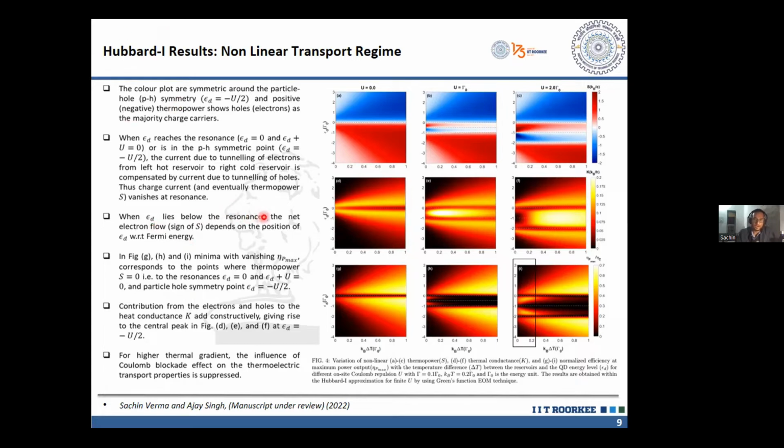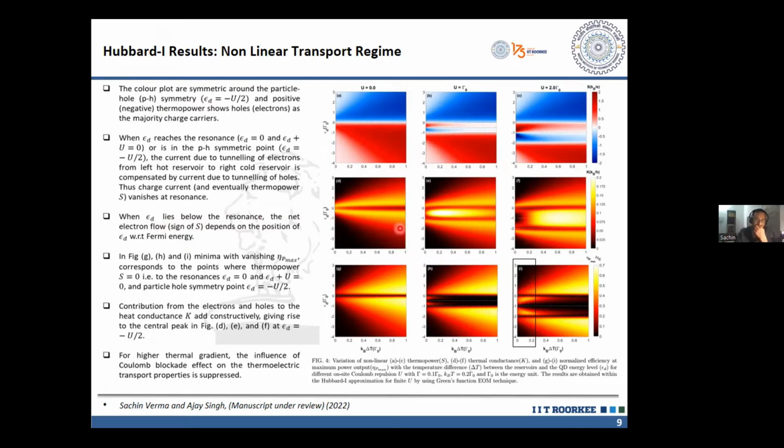However, when E_D is above and below these points, the thermopower due to electrons is a bit higher as compared to holes, and it gives us the positive value. It gives us negative values, this blue one.